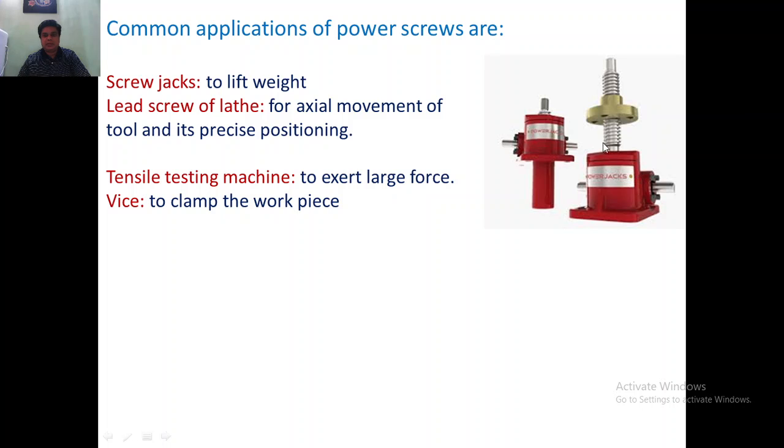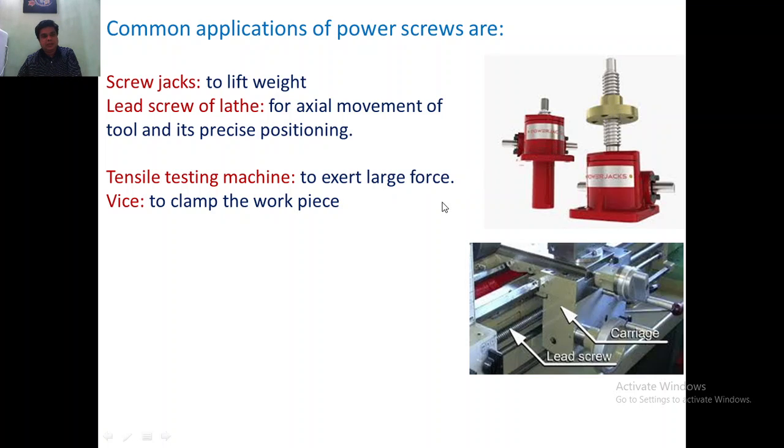This screw rod has threads, and whenever it is rotated, this particular nut moves up and down. Here the load will be applied and it can move up and down. Also in the lathe we use the lead screw, as I showed you in the previous slide. The lead screw is fixed at the two ends in bearings, and it is rotated.